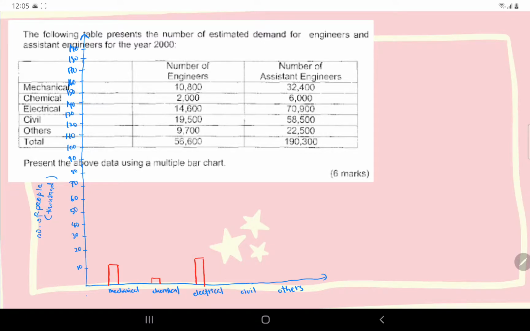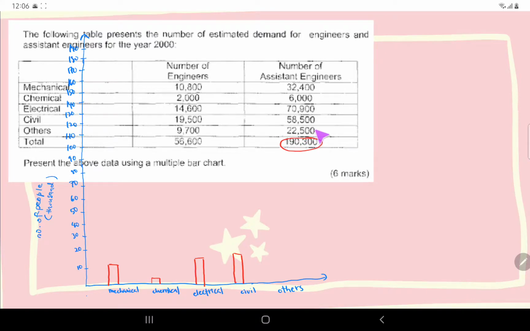And then for civil it is 19. Okay, 19 is slightly taller than the electrical, but does not exceed 20. Okay, and then for others, oh sorry, our vertical axis shouldn't be as long as 190,000, because 190,000 is the total.